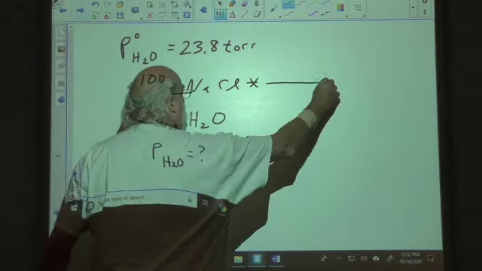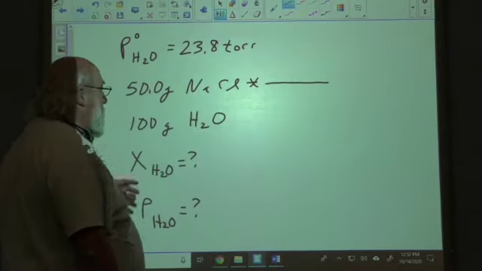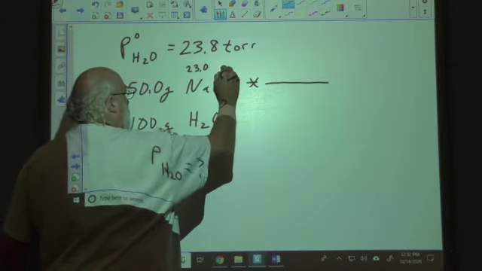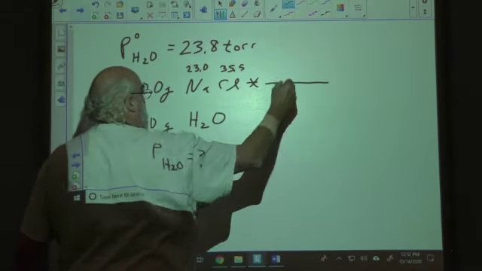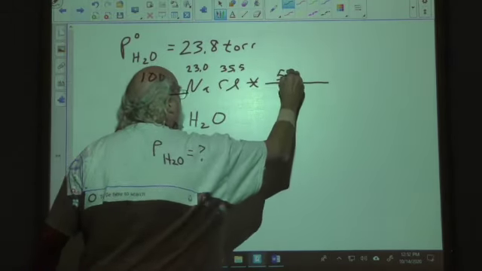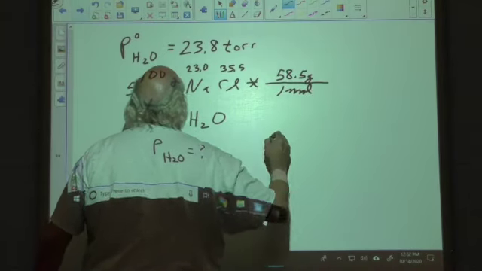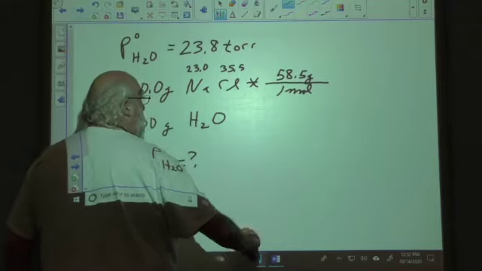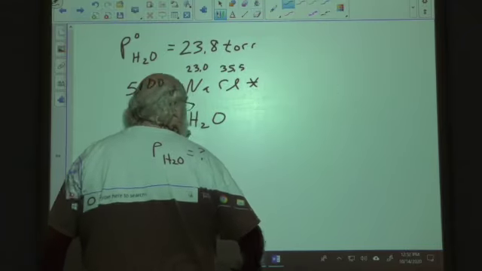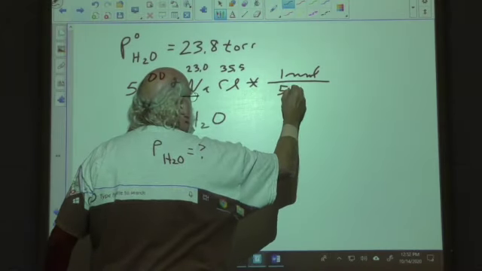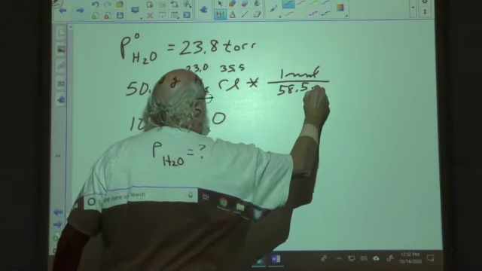So we go to our periodic table, sodium is 23.0 and chlorine is 35.5. So this gives us 58.5 grams per 1 mole of sodium chloride. And it would probably help if I cancel the grams out, so I got that reversed: 1 mole on top and 58.5 grams on bottom.